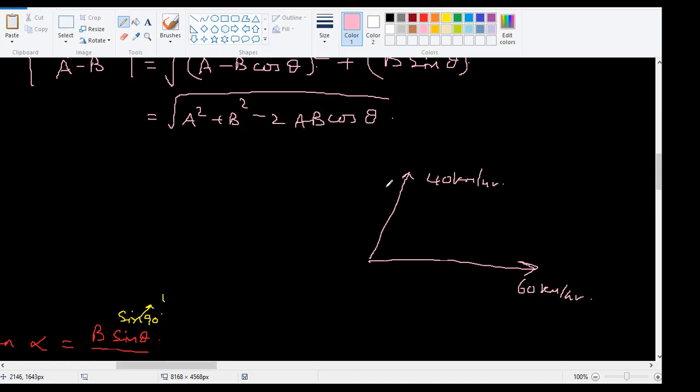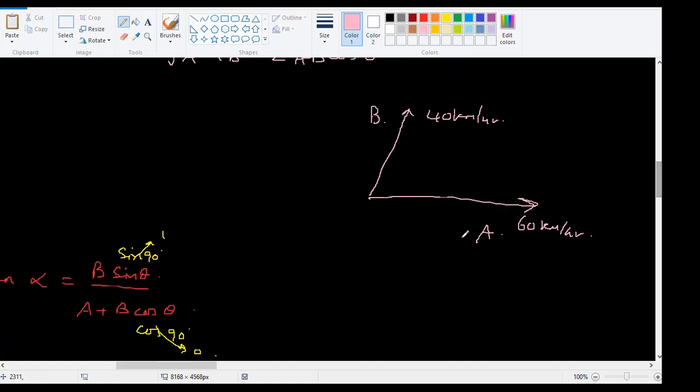So now if I say this is A and this is B, if I asked you what is the relative velocity between A and B, so take it down, very important application for your vector subtraction. Application of vector subtraction.